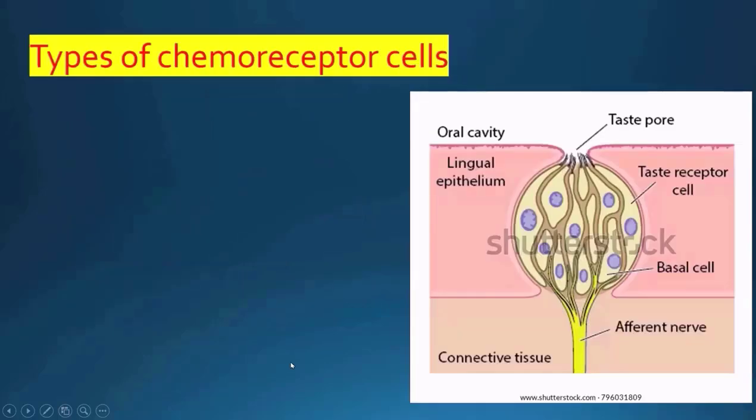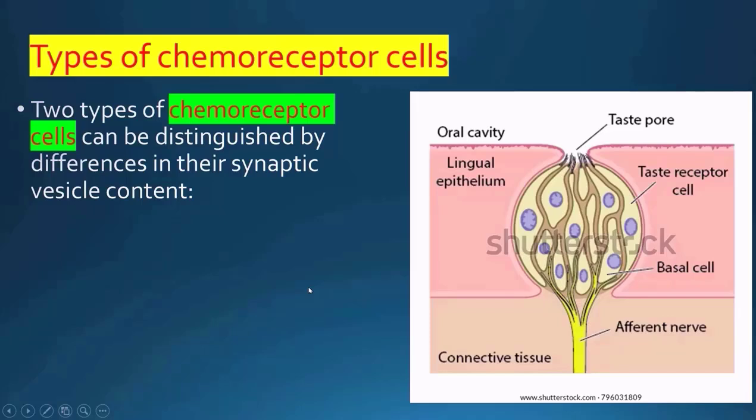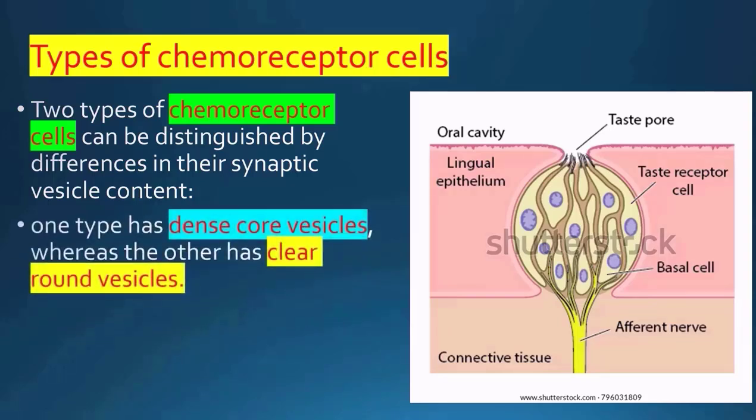Types of chemoreceptor cells. There are two types of chemoreceptor cell, which can be distinguished by differences in their synaptic vesicle content. These are the vesicles and their content. One type has dense core vesicles, whereas the other has clear round vesicles.